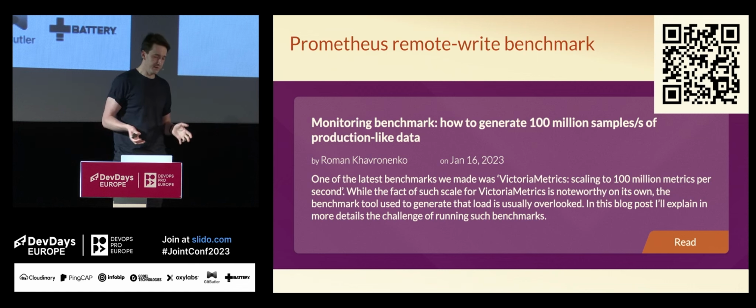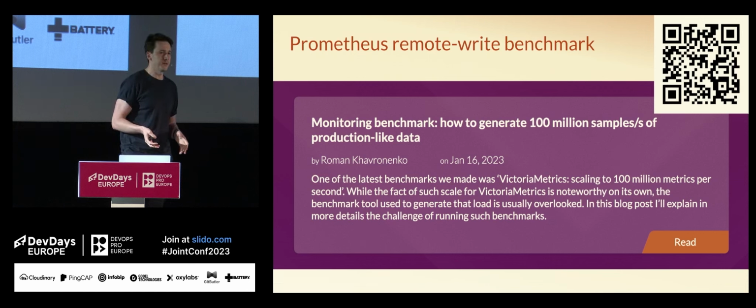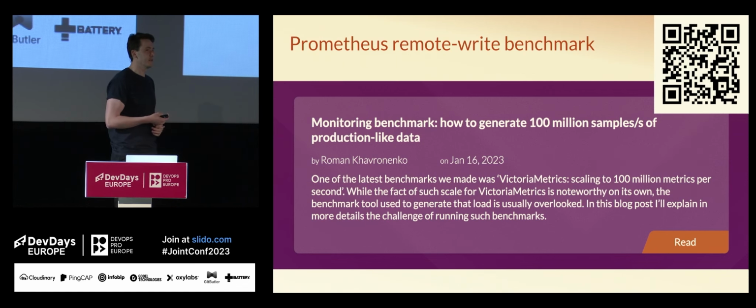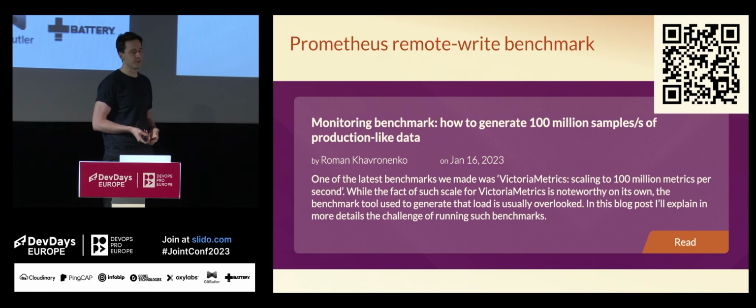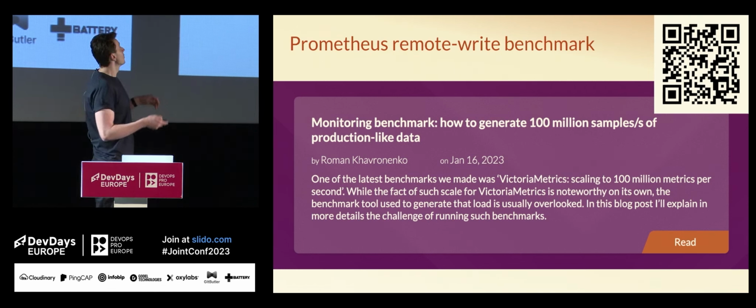But in fact, if you check, for example, Prometheus metrics or NodeExporter metrics, they contain like 20% of counters only. The rest are gauges or histograms or summaries. And it is rare that you see integer values of the metric. It's usually floats. So we use the Prometheus remote write benchmark tool, which is developed by VictoriaMetrics as well.